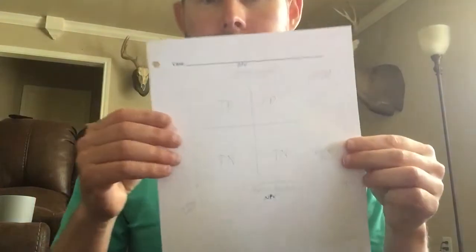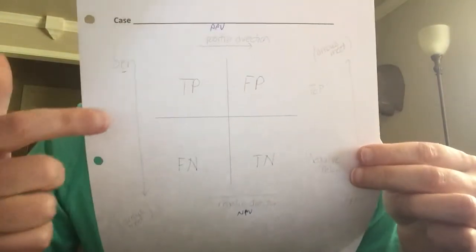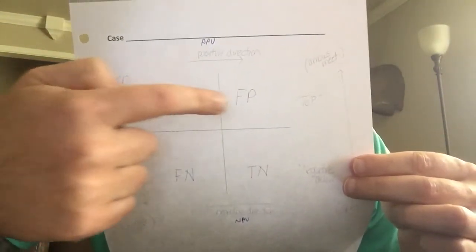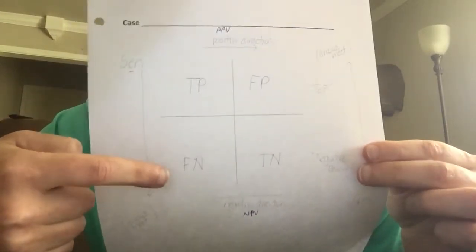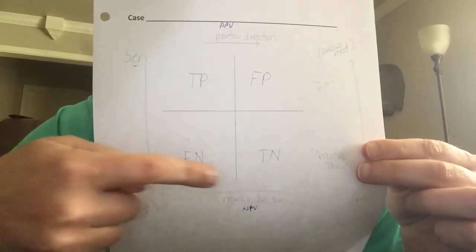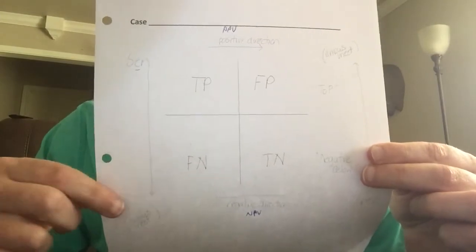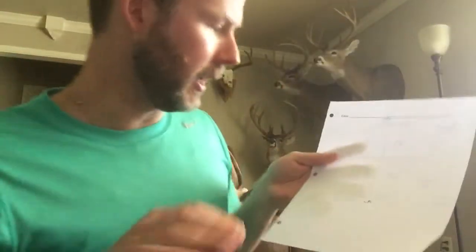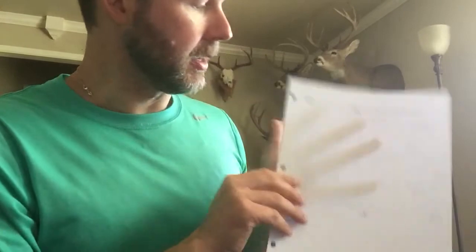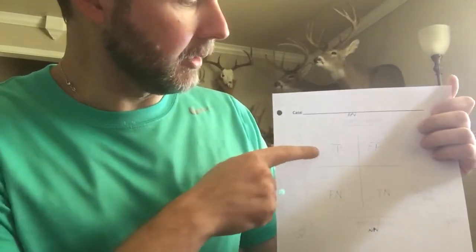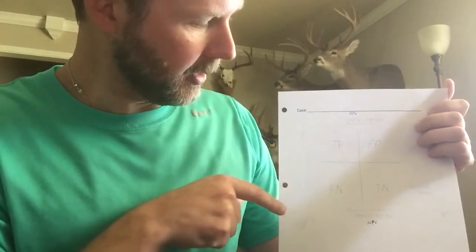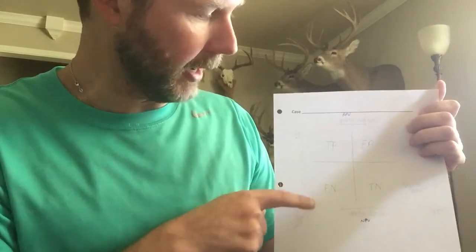So here's our case study, where let's start filling this thing out. Okay? Does this show up? Yes. Okay. So this is our chi-square. True positive, false positive, false negative, true negative. Okay? So, looking at this, this is how we're going to get our sensitivity: true positive and the false negative.